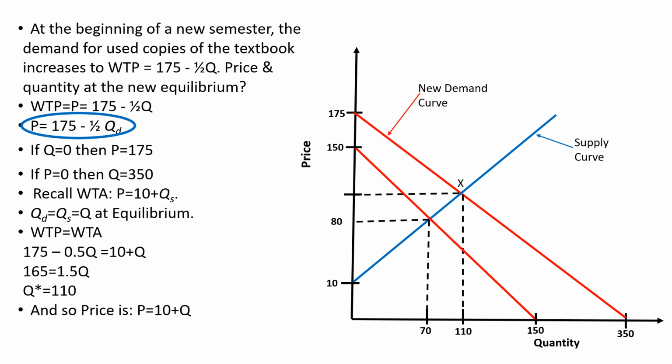In terms of calculating the equilibrium price, we do the same thing that we did before: substitute the equilibrium output into either the willingness to pay or the willingness to accept equation. Using the willingness to accept equation, we insert the value of Q and we have a new price of $120 as our equilibrium price.